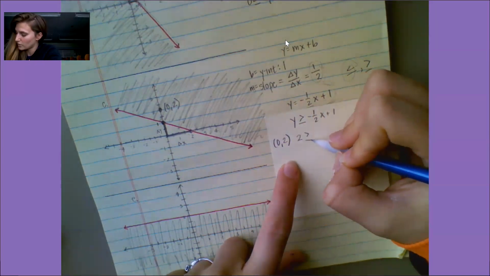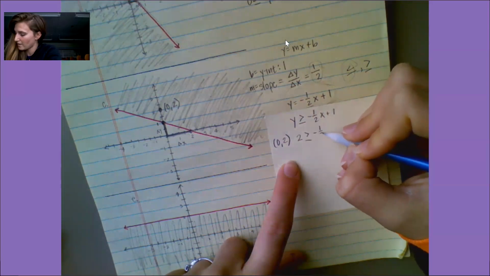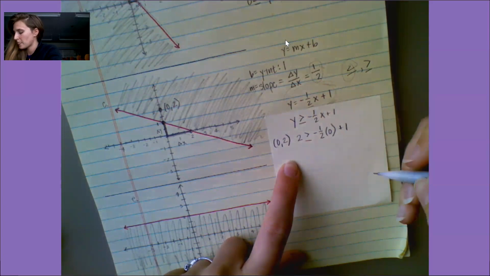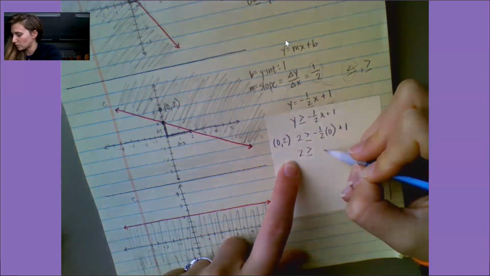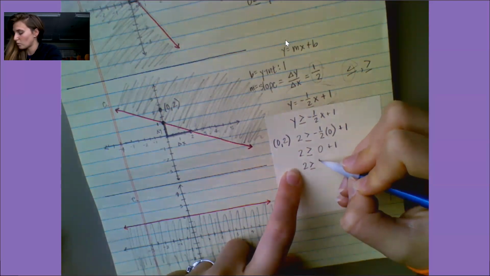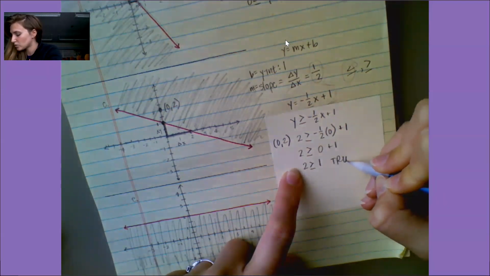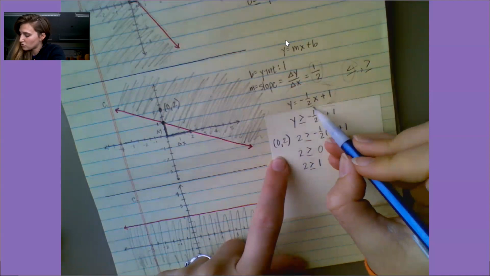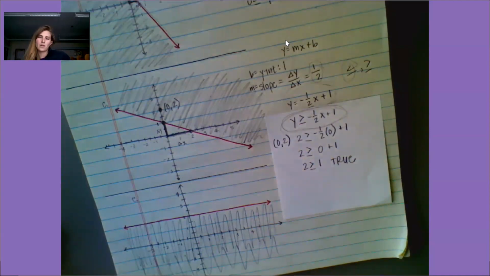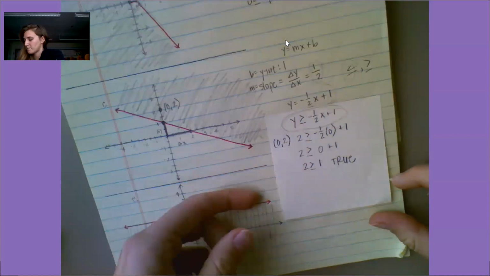So 2 is greater than or equal to negative 1/2 times 0 plus 1, or 2 is greater than or equal to 0 plus 1. 2 greater than or equal to 1. Yes, that is true. So this is going to be my inequality: y is greater than or equal to negative 1/2 x plus 1.